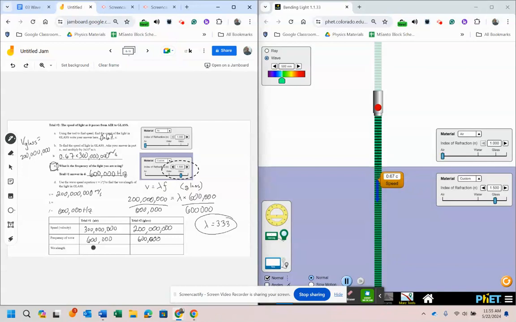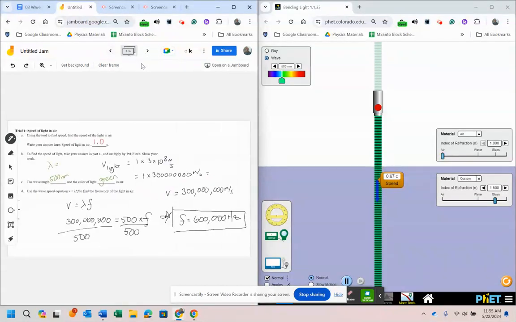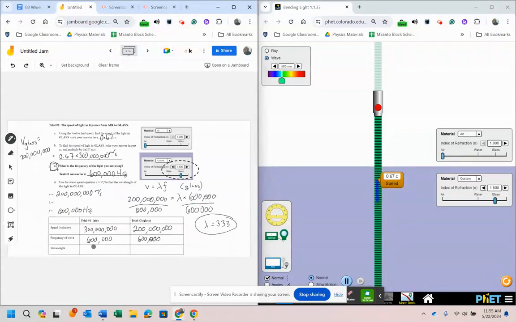However, when I calculate the wavelength, if I go back to air, I found that the wavelength was 500 nanometers. And when I calculated the wavelength in glass, I see that it is 333.